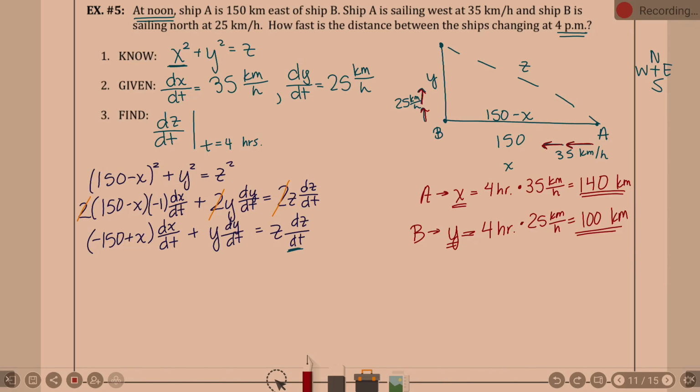Now, we have x, we have y. What we don't have here is z. We need to find z.